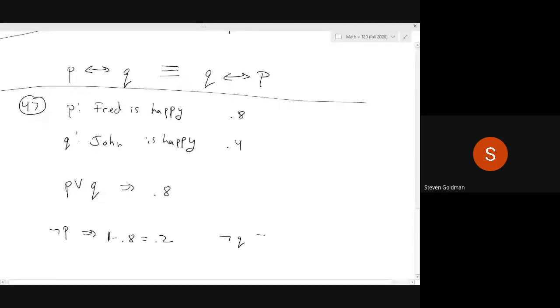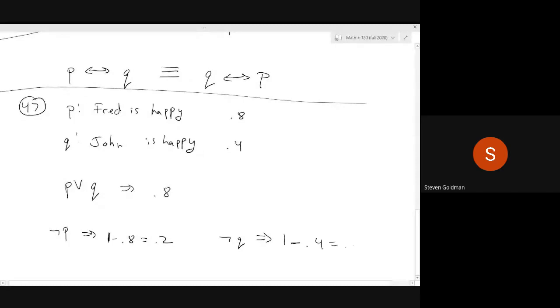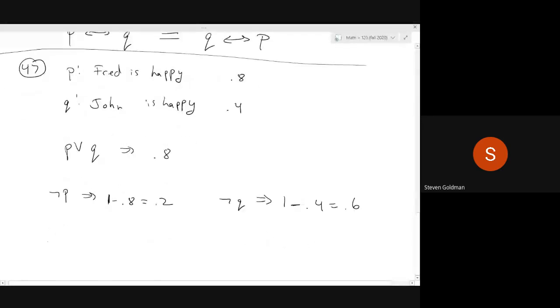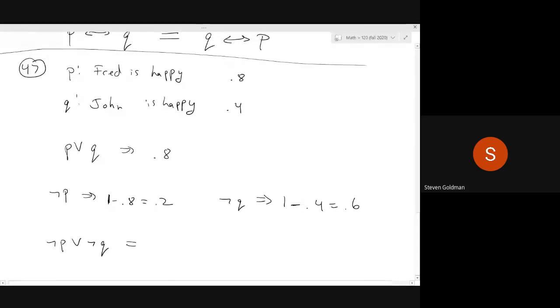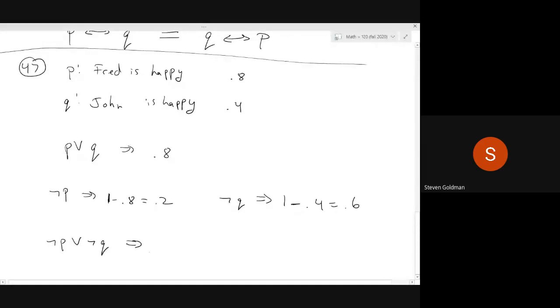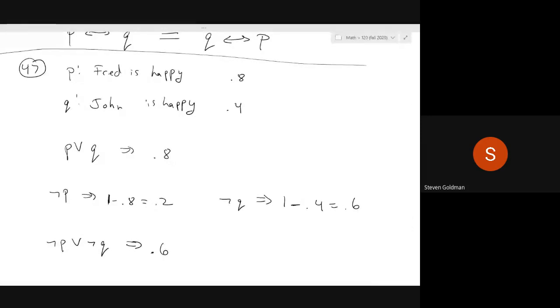And for not Q, that would be 1 minus 0.4, which is 0.6. So not P or not Q, that's the statement Fred is not happy or John is not happy. The truth value for that one would be the maximum of the two. This time its truth value would be 0.6. So that's 47.